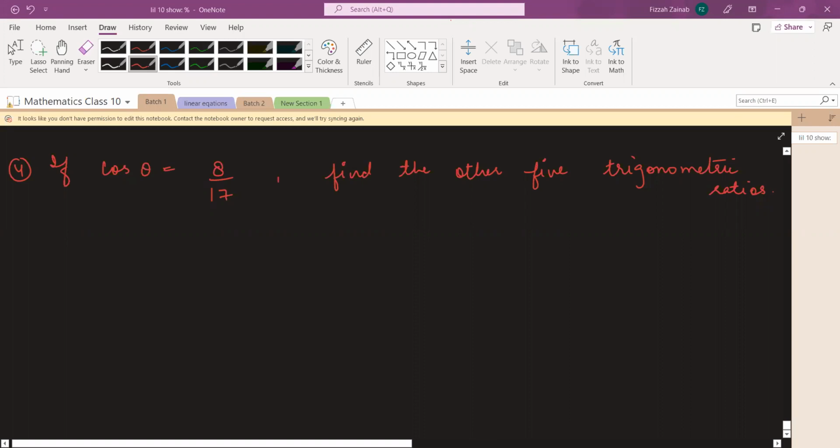It's 8/17, right? That means your base will be 8x, hypotenuse will be 17x. Okay. So find the perpendicular first of all.